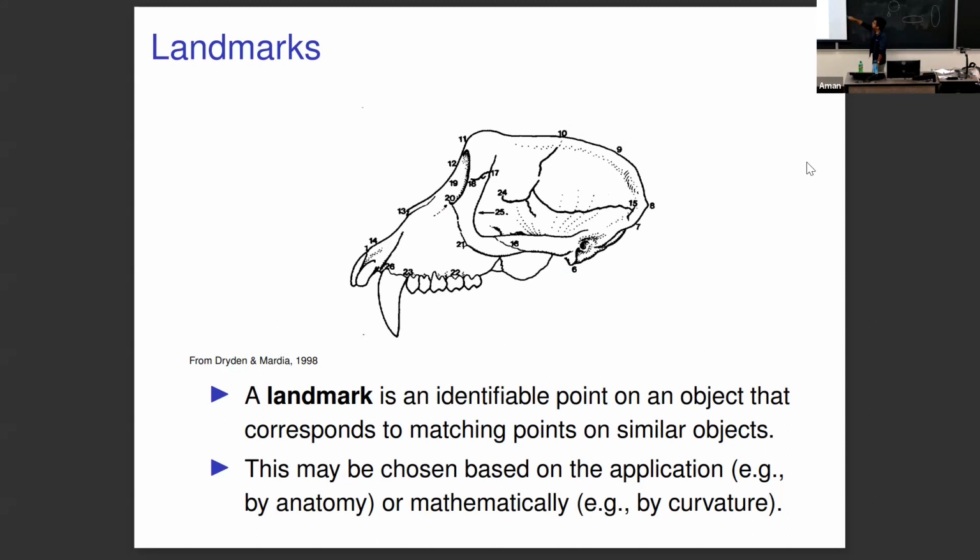So if you label them as such, and you have two different skulls, and the points align with respect to the meaning of what the point is, like where the landmark is in the skull itself, you can compare those two skulls based only on the landmarks. A landmark itself is a uniquely identified point on a shape that can be used across different shapes to compare them and see if they align or not.